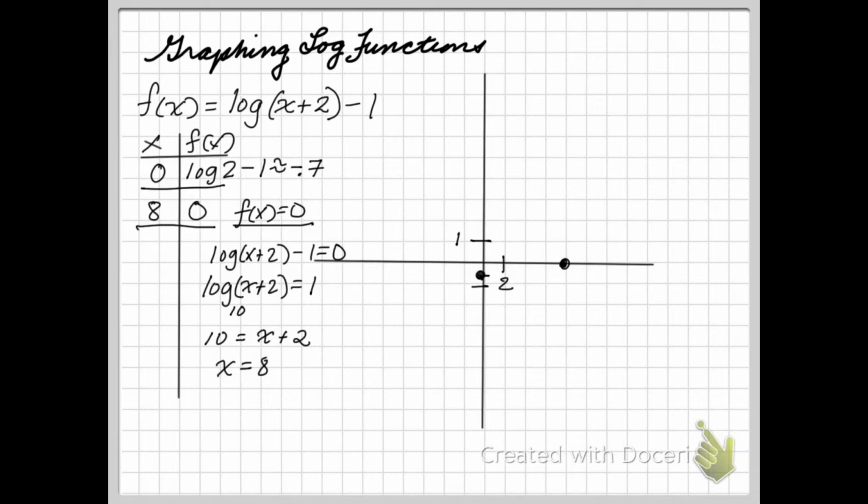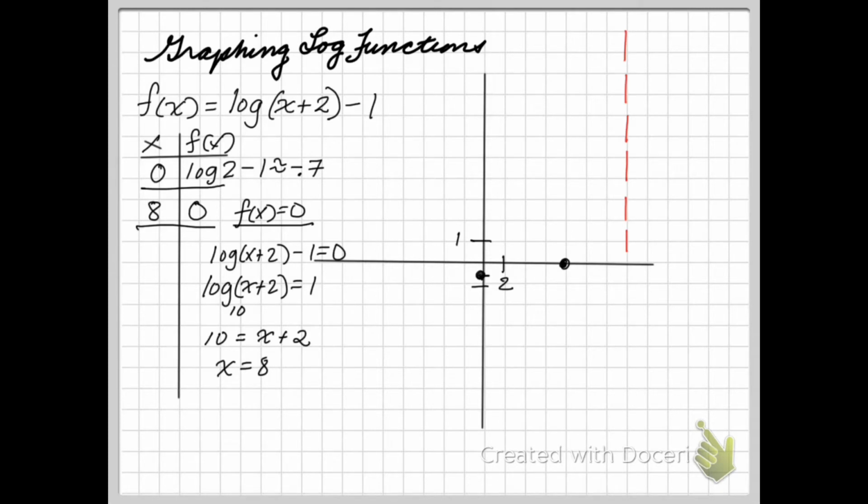All right, so two things about the graph of a logarithm. One, it is going to have a vertical asymptote. This is not the vertical asymptote for this graph; I'm just talking in general about vertical asymptotes.